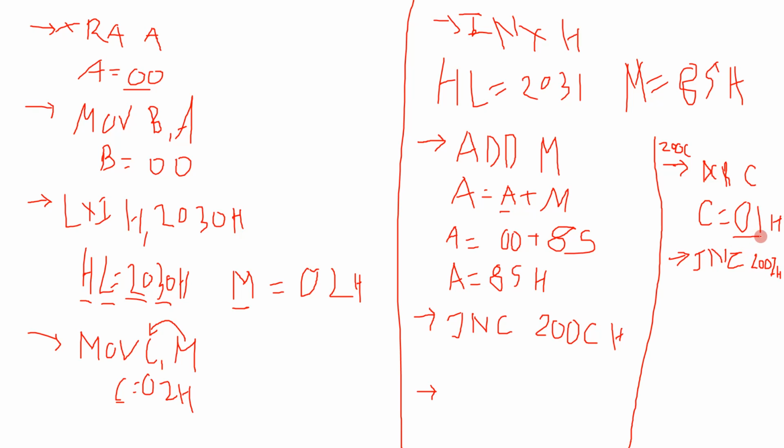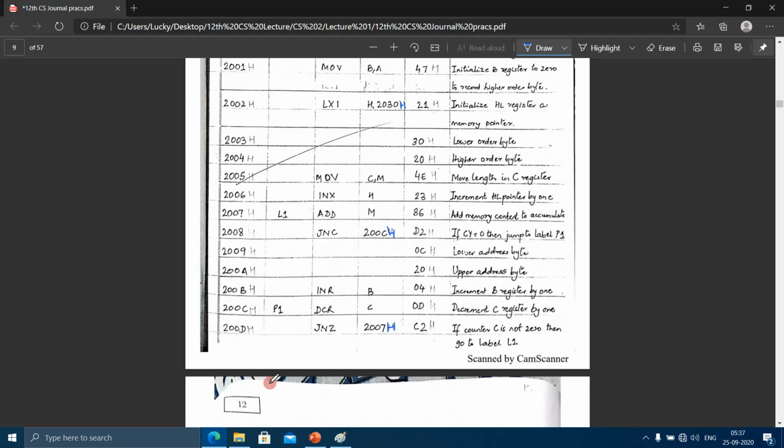Is the answer 0? No. Condition satisfied. Jump on not 0. Answer is not 0. Condition satisfied. So it will jump to location 2007. So what is there at location 2007?